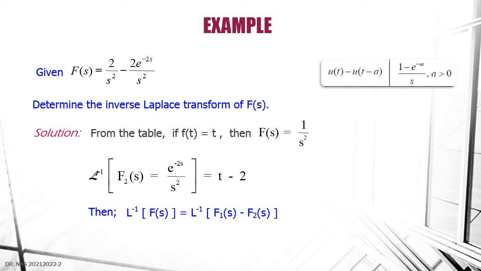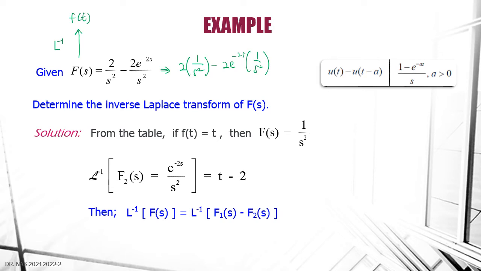Let's look at another example. In this example, you've been given F(s). So you need to find the inverse Laplace transform of F(s), meaning that you need to find the f(t) by performing inverse Laplace transform. So you can break down the equation into components. It is equal to 1 over s squared minus 2e to the minus 2s, 1 over s squared. Then refer to the table.